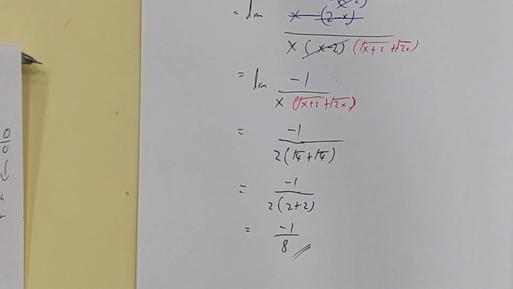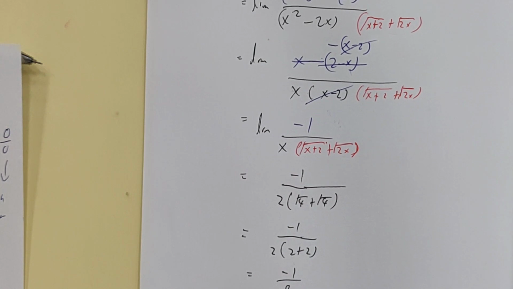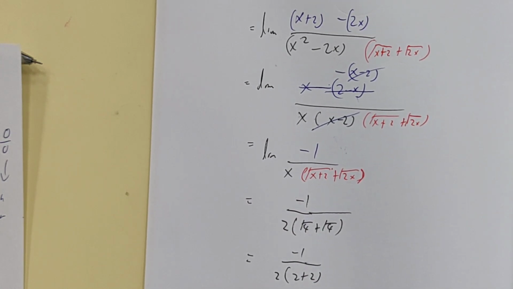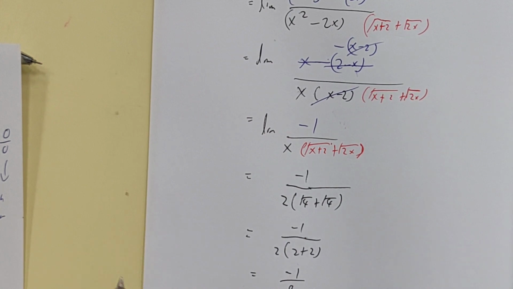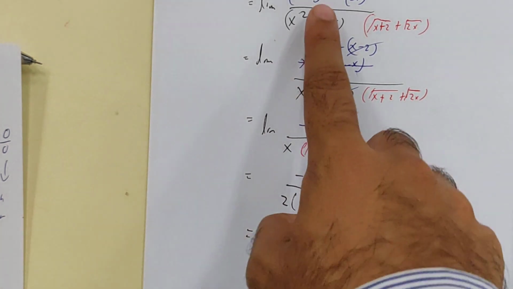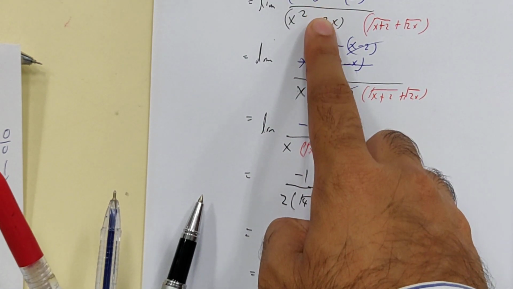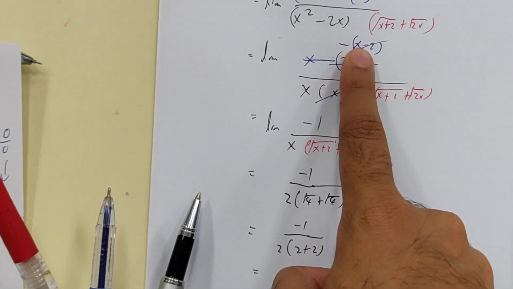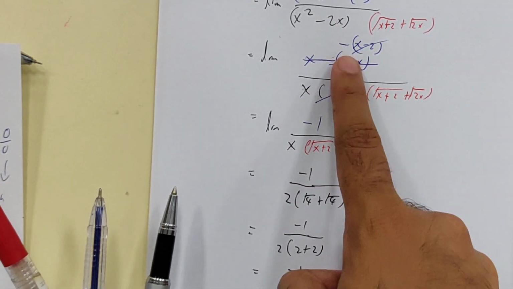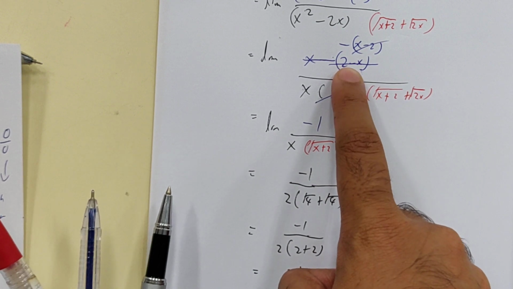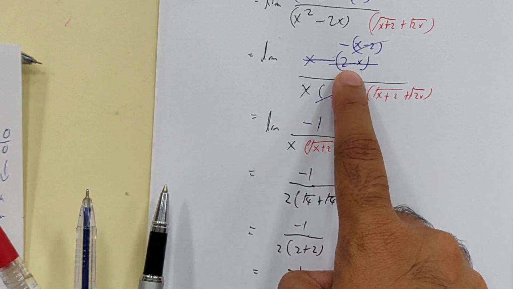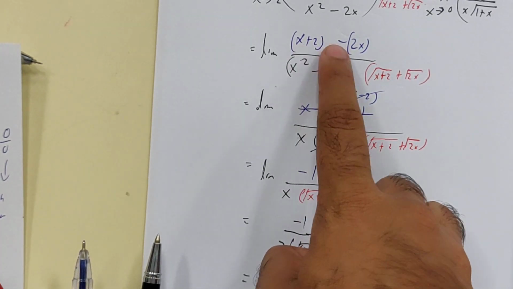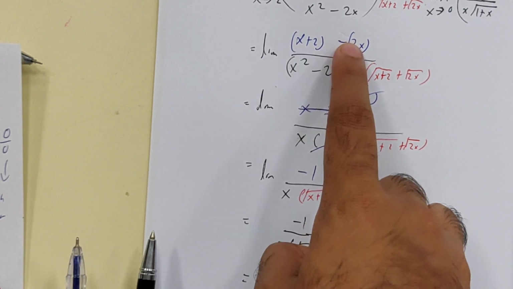Are you okay? Am I too fast? Do you want me to repeat them again? Please raise your hand. Which part? This one. 2 minus x, you okay? X plus 2 minus 2x.